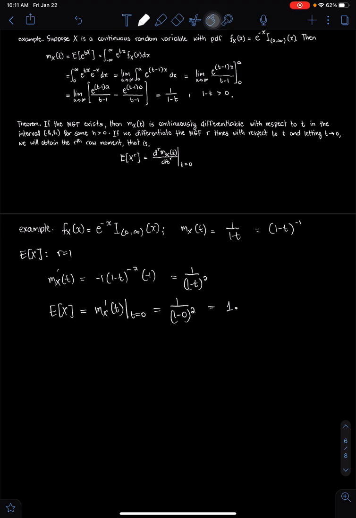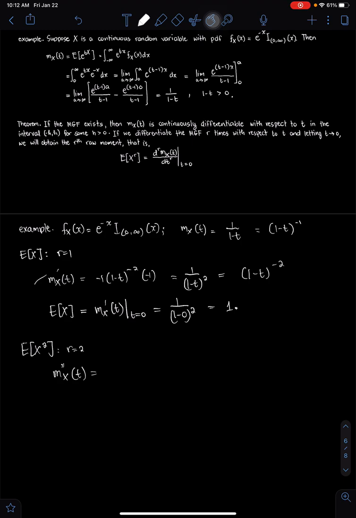For the second raw moment, r is equal to 2 here, so we need the second derivative of the moment generating function. Since we knew already the first derivative, we can easily solve the second derivative with respect to t. I will just write this as (1 minus t) raised to negative 2.